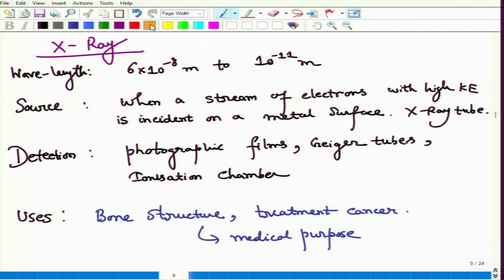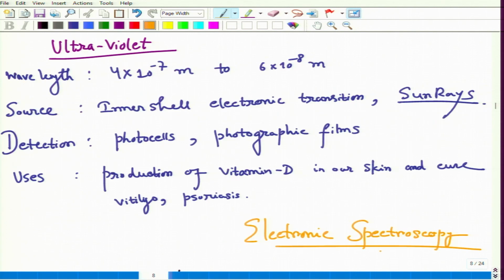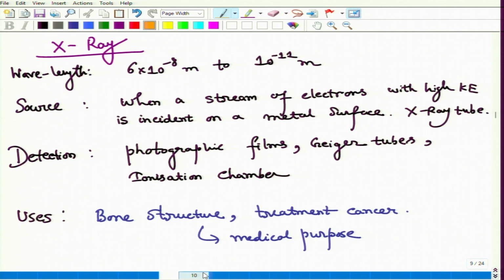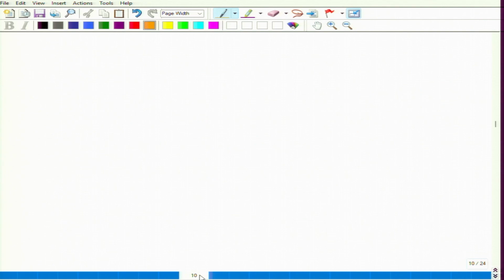Yes, here. Electronic spectroscopy, gamma ray used in Mössbauer spectroscopy, and X-ray used in XRD, right? XRD is X-ray diffraction, to detect the structure of solid states. So XRD is used in those cases. Okay. Next, the last one is gamma ray.